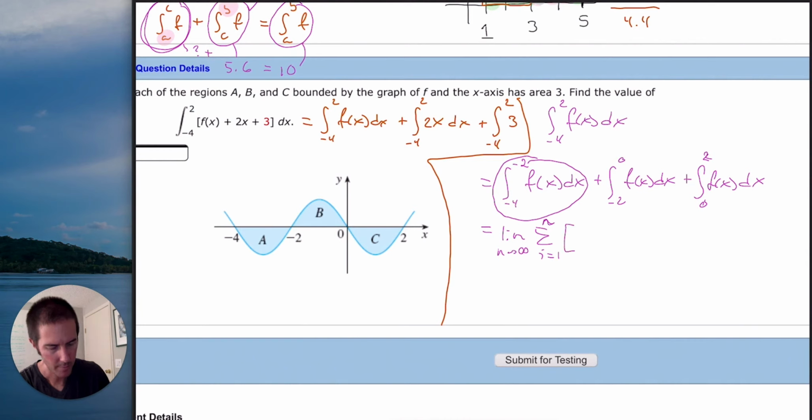And we have our function evaluated at x sub i. And we're multiplying that by delta x. Where we're adding up all the areas of all of these rectangles. The width of each rectangle times the height of each rectangle, where the height of each rectangle is calculated by finding y values.